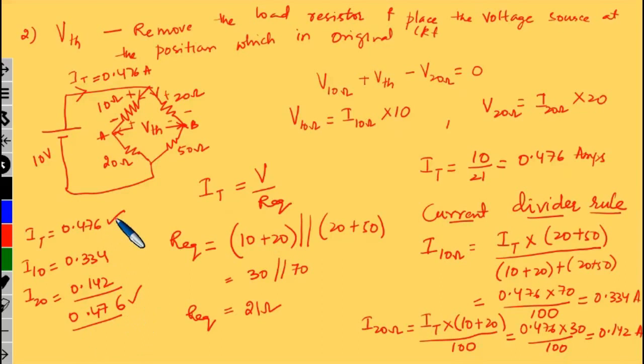Now find out the V10 ohm, because I am saying, it is a loop. So if you consider it as a loop, then we can find out the voltage. V10 ohm equals the current flowing through the 10 ohm resistor into the value of the resistor, that is 10.